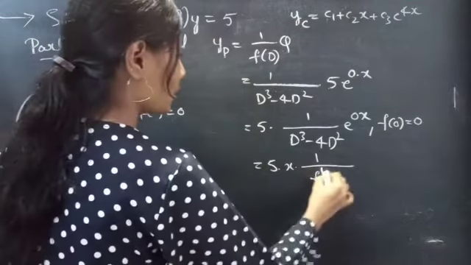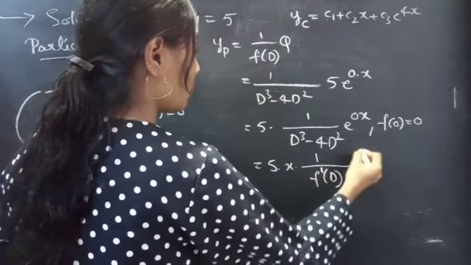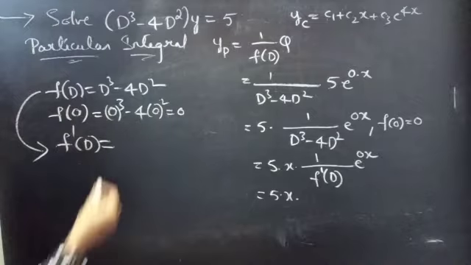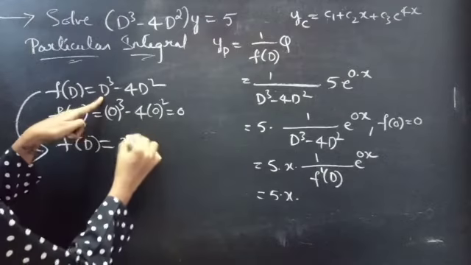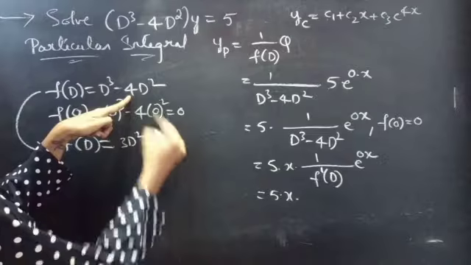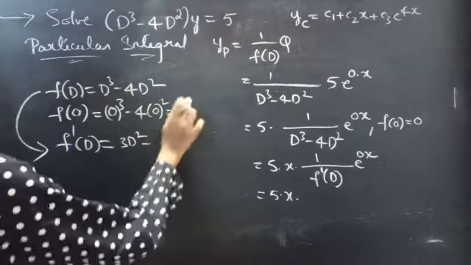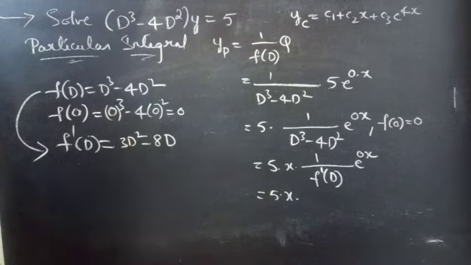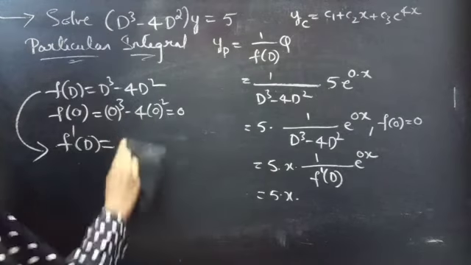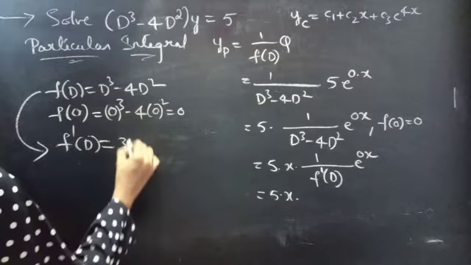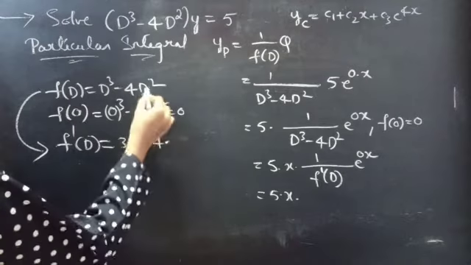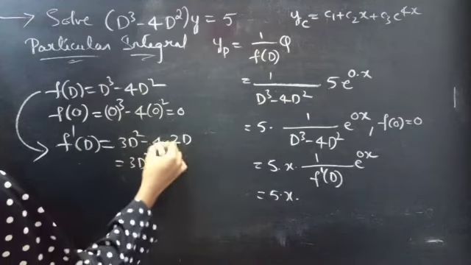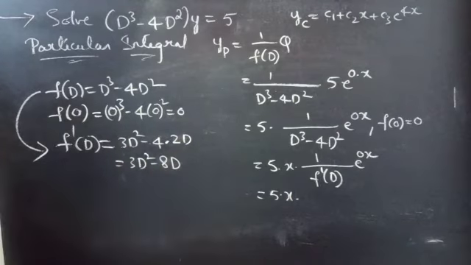So we write 5 into x into 1 by f dash of D into e power 0x, where f dash of D is 3D square minus 4 into derivative of D square, which is 2D, which equals 3D square minus 8D.